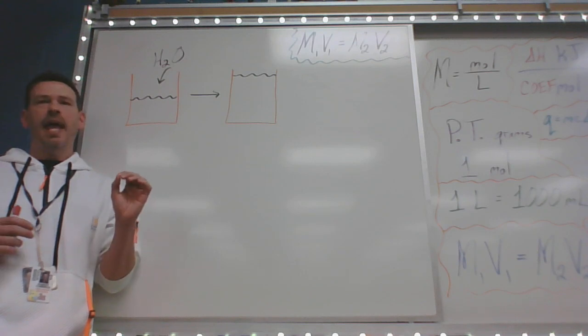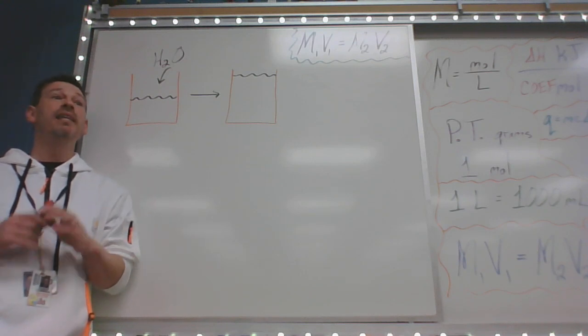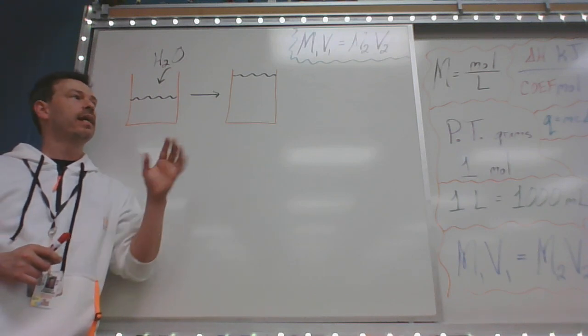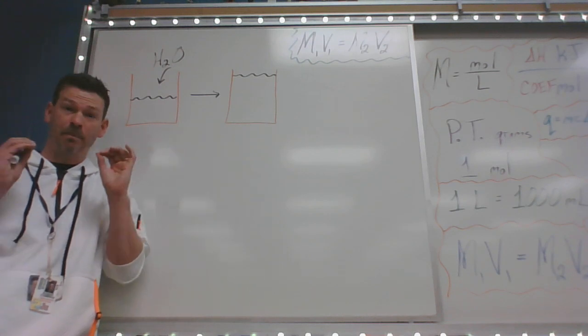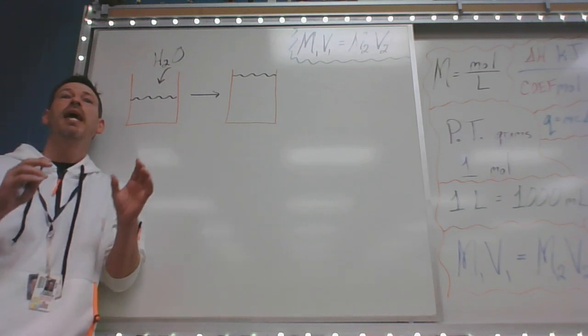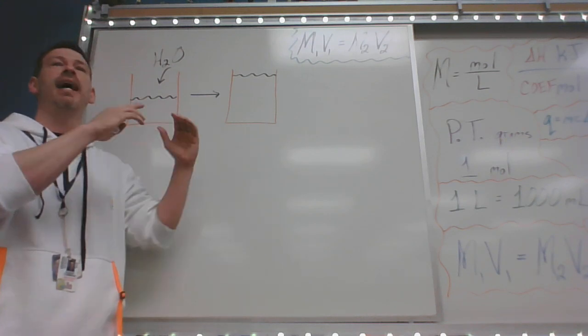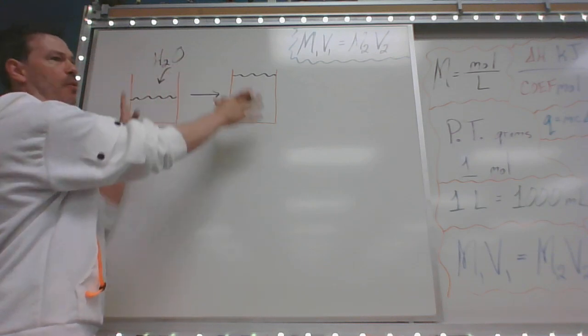Here's the thing. M1V1 equals M2V2 is very easy to use. The only reason that dilution questions have the potential to cause you problems is because the context can move around different parts of this setup.